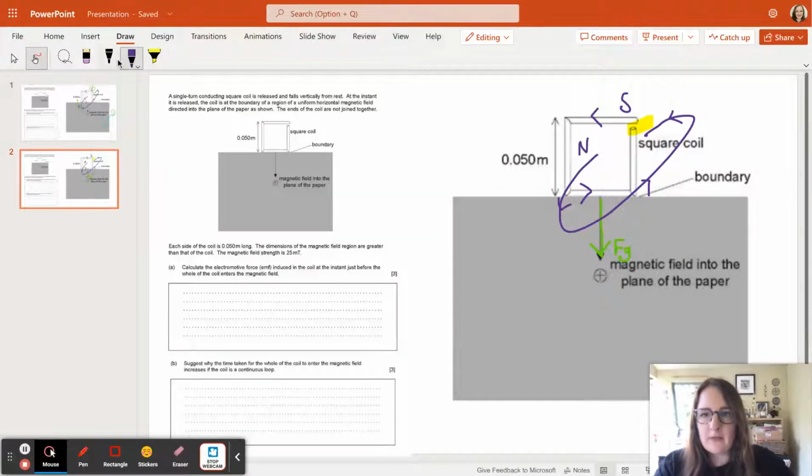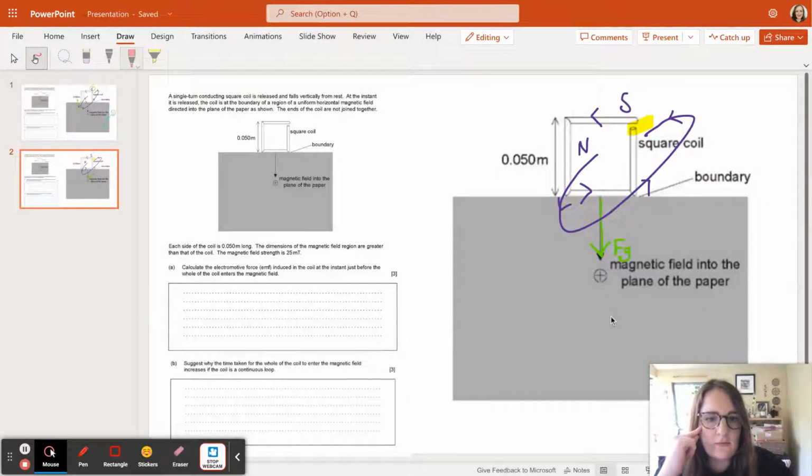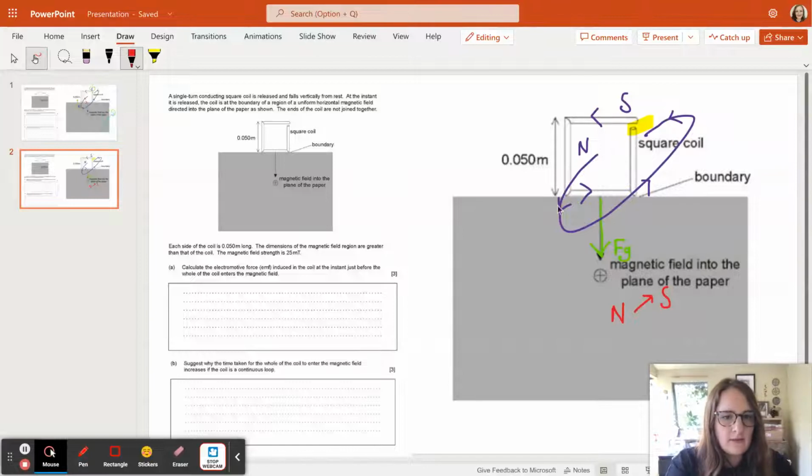Now we also know that the magnetic field that was already set up is going into the plane of the paper from north to south. So what we now have is, once this coil is inside of the magnetic field, a coil that is falling where this north pole of the magnetic field, because of the current, is going to be falling on top of the north pole of the original magnetic field.